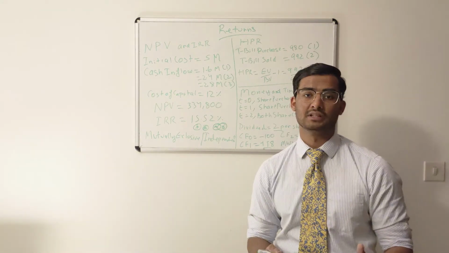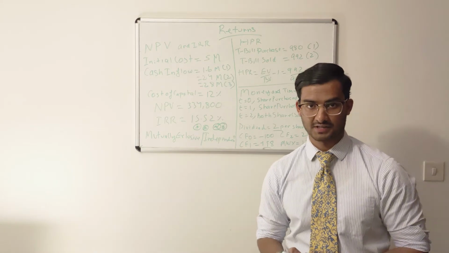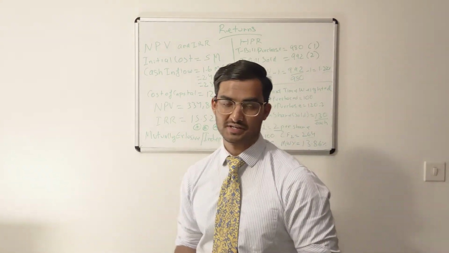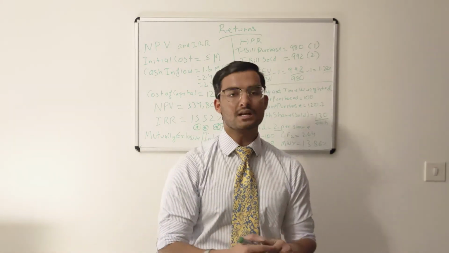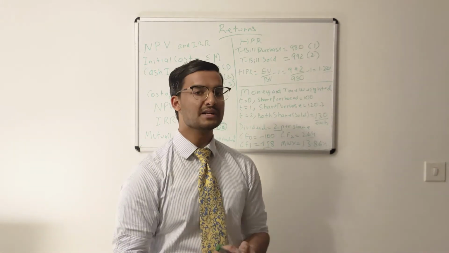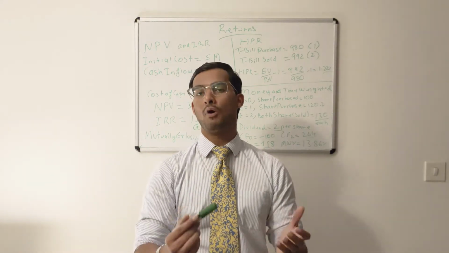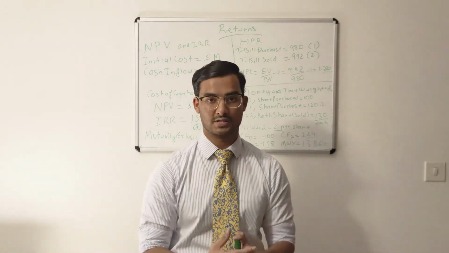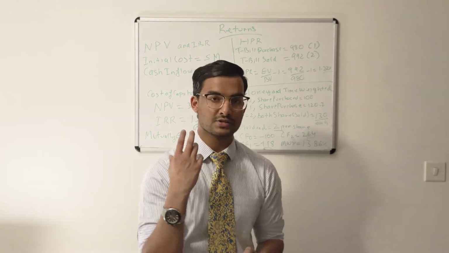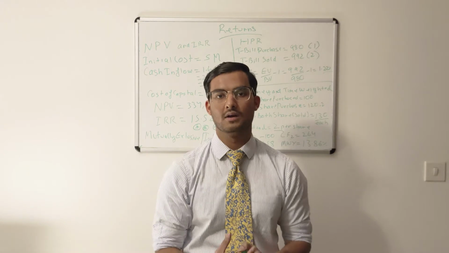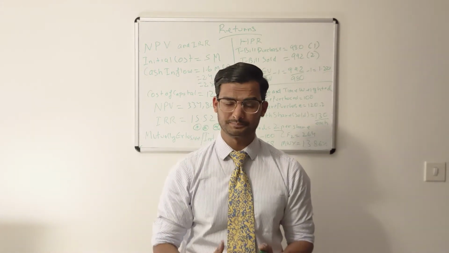Now, last but not the least, I'm going to end up with the time weighted rate of return. What is time weighted rate of return and how is it different from the money weighted rate of return? Some concepts are similar to the money weighted rate of return, but the most significant distinction is that it uses and implies the concept of compound interest, of compound growth.